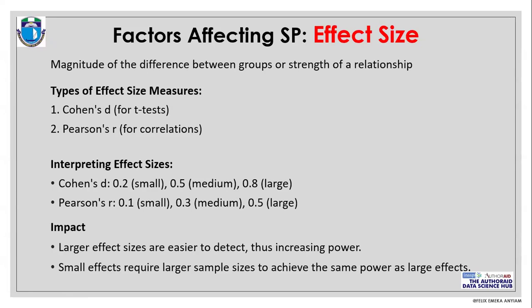But what you have to appreciate is the fact that the higher the effect you want to see, the more sample size, because the more number you have, the easier to detect a difference if it exists. But whether you're going to use medium or large is at the researcher's discretion.